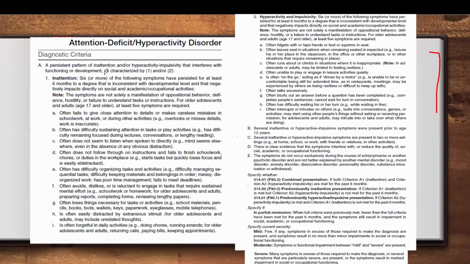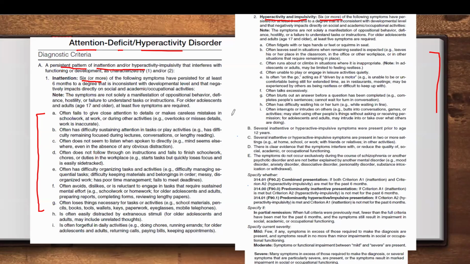Again, very long, but you need to understand that, as the name indicates, attention deficit hyperactivity disorder, there is a problem in attention and a problem with hyperactivity. They have given many things from which you need to have six or more of inattention and again six or more of hyperactivity.